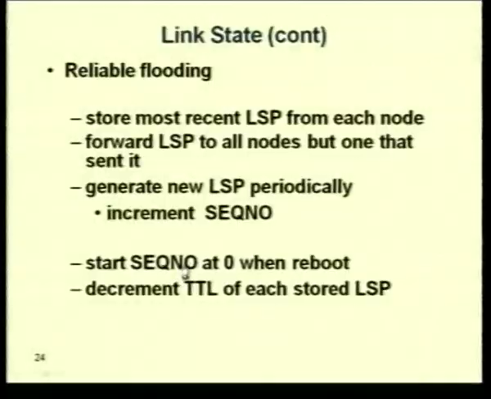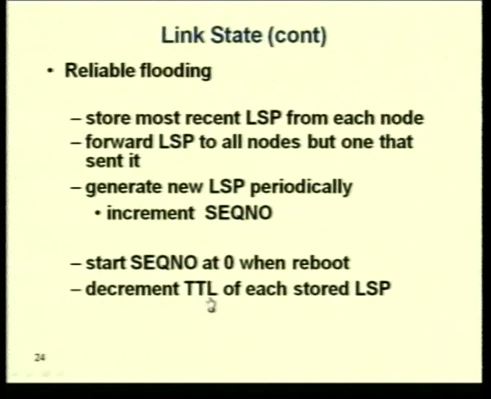Now which means I should not have LSP packets going back and forth in the network continuously, which is why we make use of all these different techniques. We use a sequence number to identify when a new LSP packet is being sent, so that the old one can be discarded and the new one can be retained. We use this TTL field in order to make sure that when you have loops in the network, you do not have packets being sent over and over again in the loop.